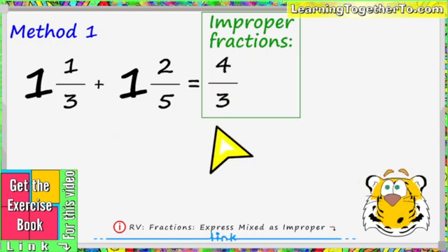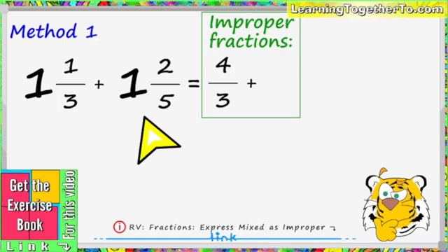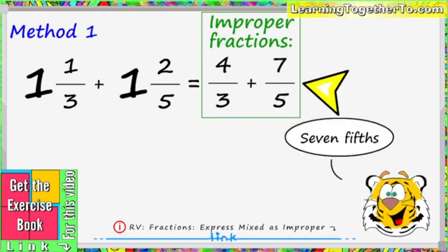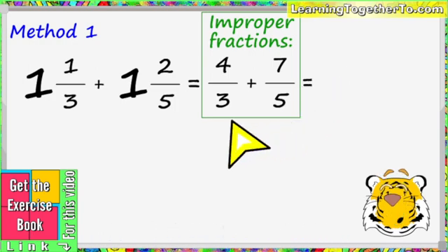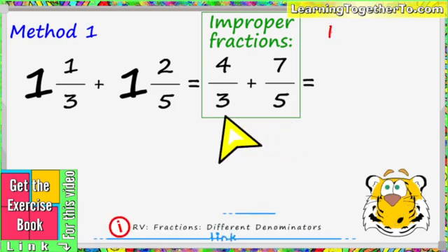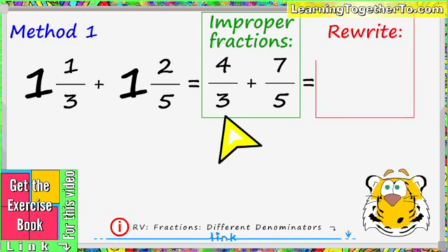Very good, Tim. Tim, 1 2/5 expressed as an improper fraction is equal to 7/5. Nice job, Tim. Tim, now let's rewrite the statement so both have the same denominator.